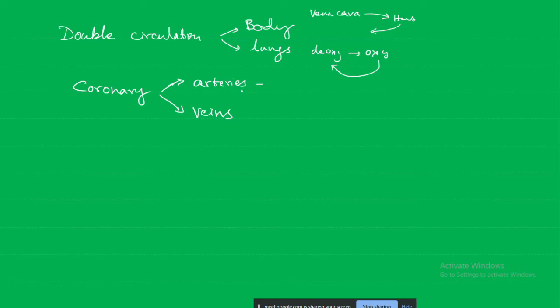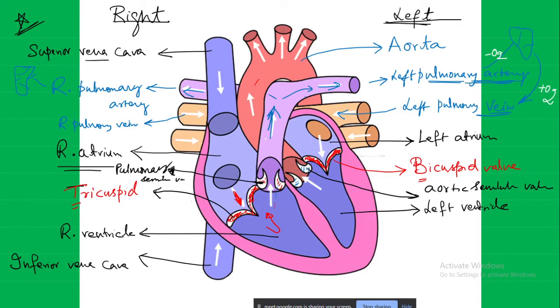What do the coronary arteries have to do? Arteries are going to carry what kind of blood? Oxygenated. Is it correct? Yes, sir. So the coronary artery is carrying oxygenated blood. Which part of the heart is carrying the oxygenated blood to different parts of the body? Aorta.